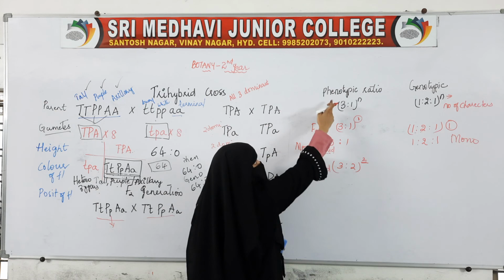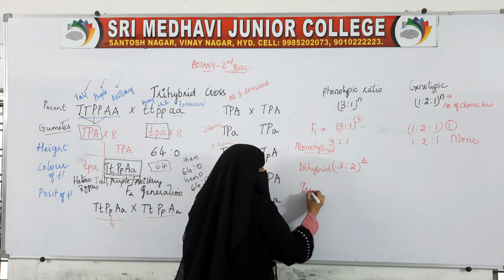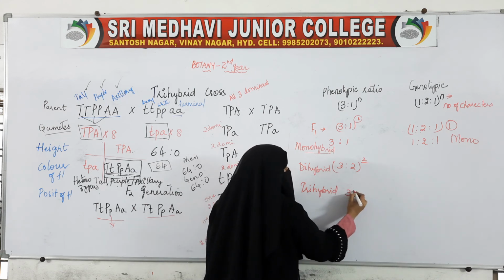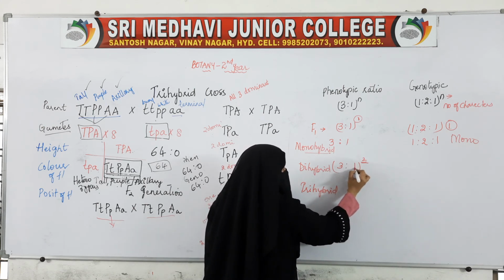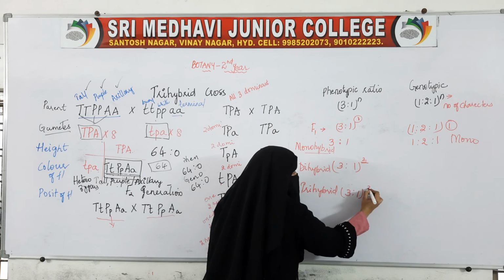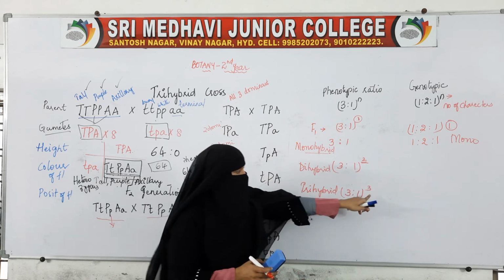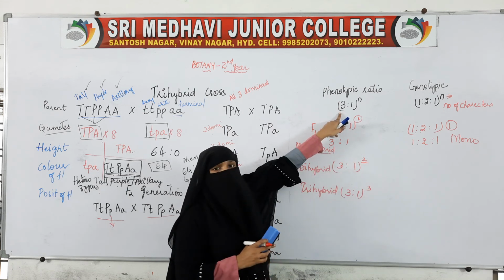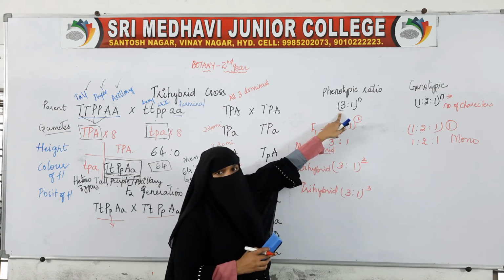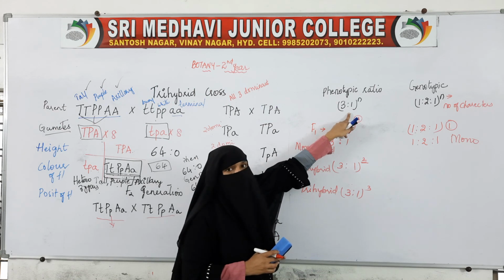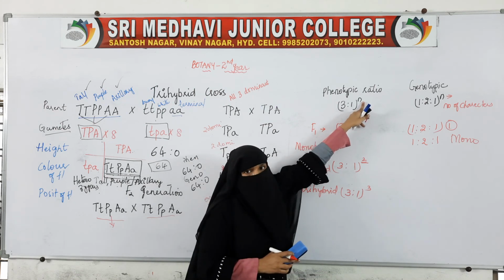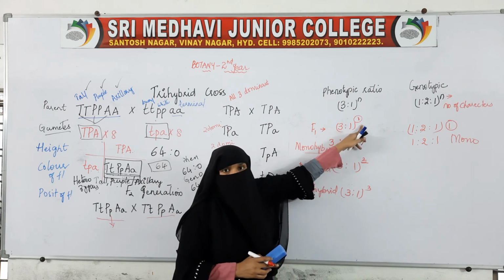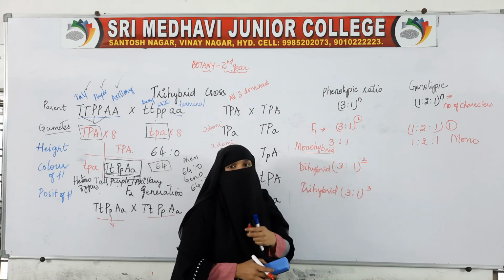If you want to calculate the phenotypic ratio of a trihybrid cross, we will take 3:1 to the power of 3, because it is for trihybrid. The general formula for the phenotypic ratio is 3:1 to the power of n, where n denotes whether it is a monohybrid, dihybrid or trihybrid cross.